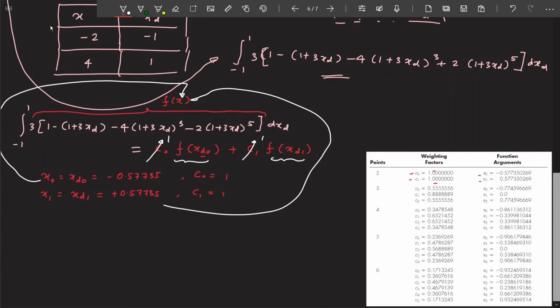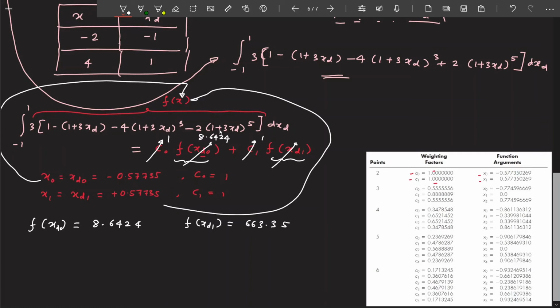Once you do that, I'm not going to do it, you guys can just substitute the values, and you will find that the value of f(xd0) in our case is 8.6424, and f(xd1) is 66335.